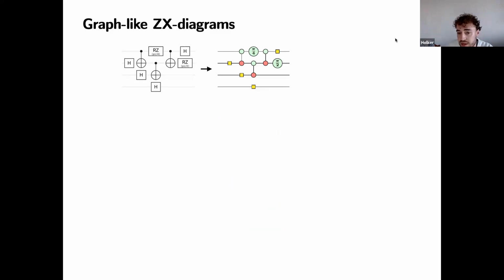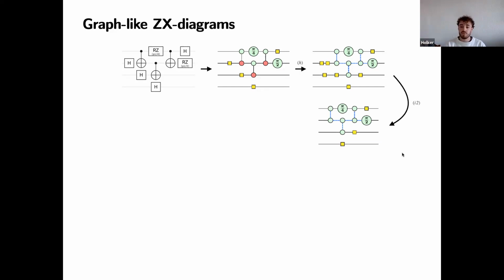What that means is we can convert all spiders into green spiders using Hadamard gates and the color changing rule. We can then fuse together any Hadamard pairs, and any spiders which can fuse along non-Hadamard edges. Here, a blue edge represents the Hadamard edge, so there's a Hadamard gate along that edge.